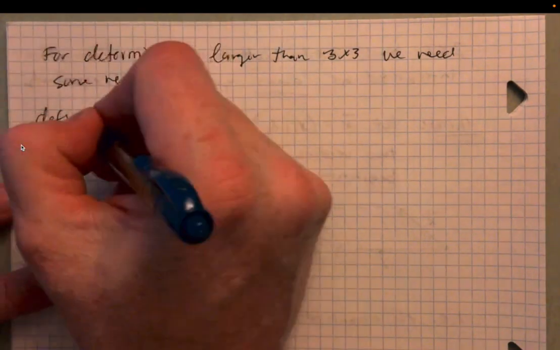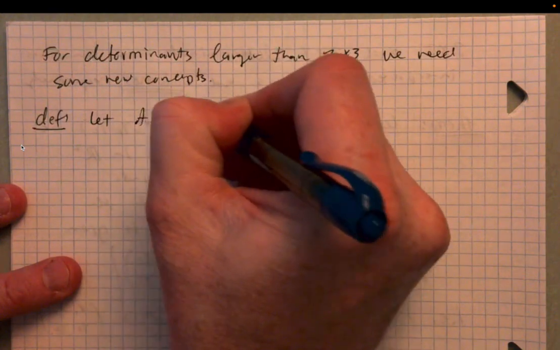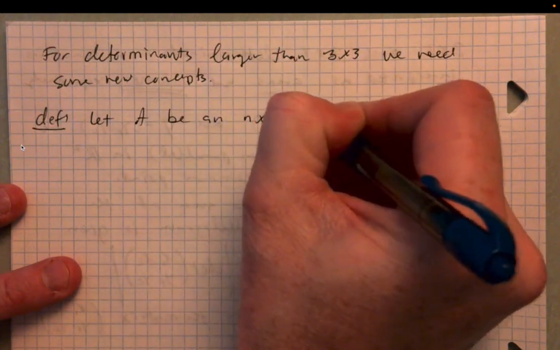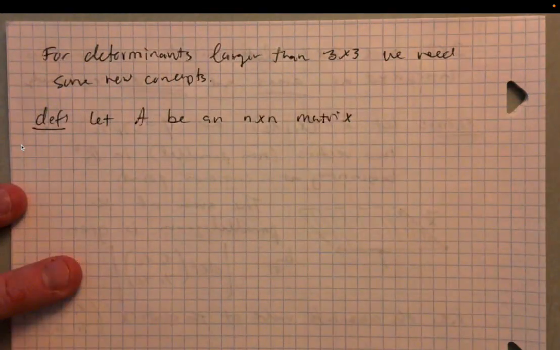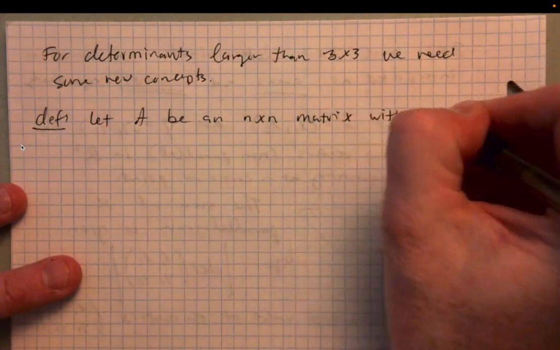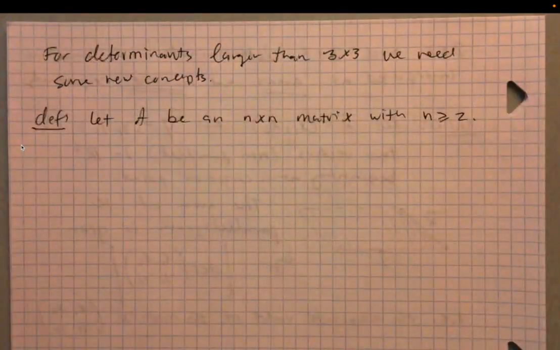We're going to let A be an n×n matrix. In this case, n needs to be greater than or equal to 2.